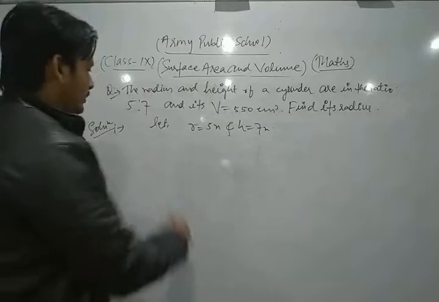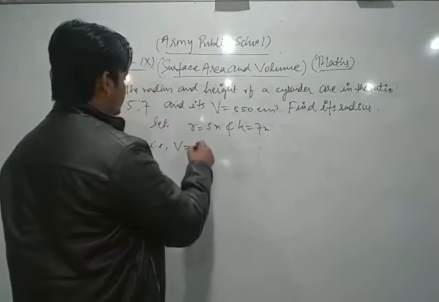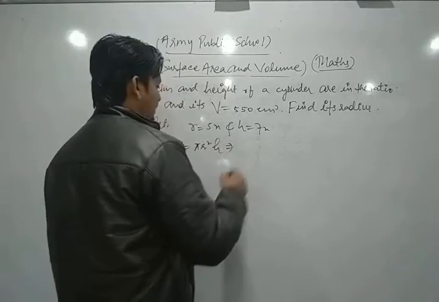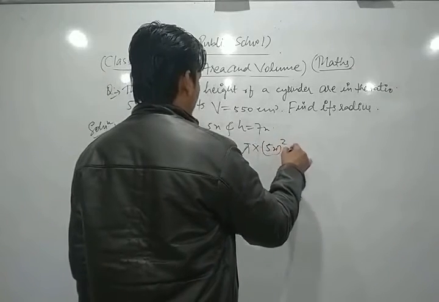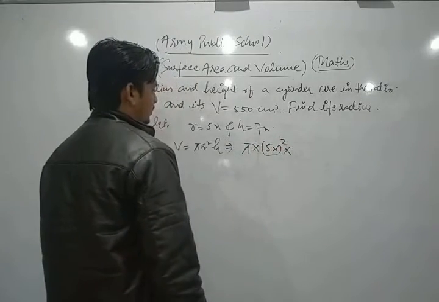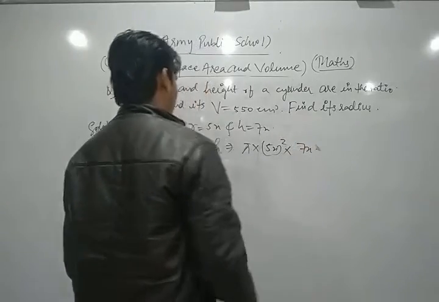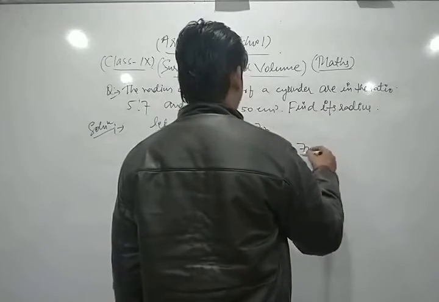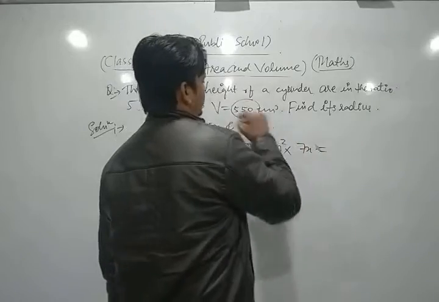And volume is given, that is, its volume is what? Pi r square into h, that is pi into r square, that is 5x square into h, that is 7x. Pi r square h is equal to the volume given, that is 550.